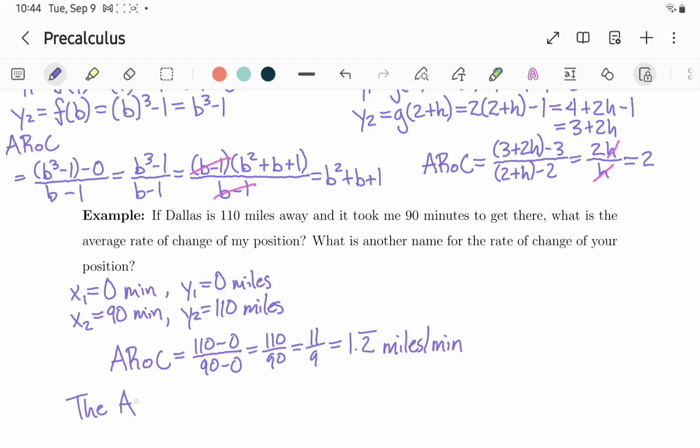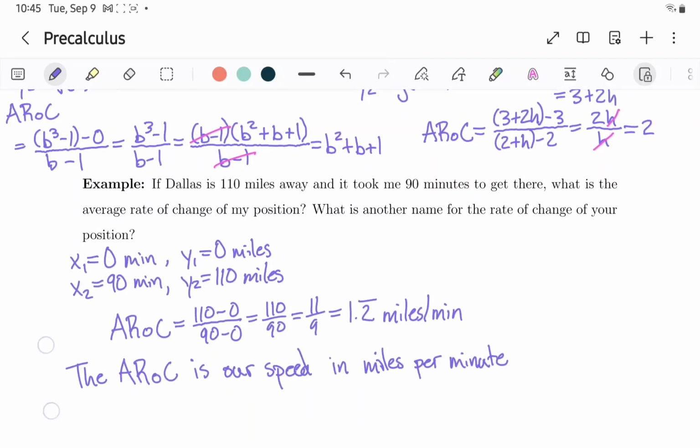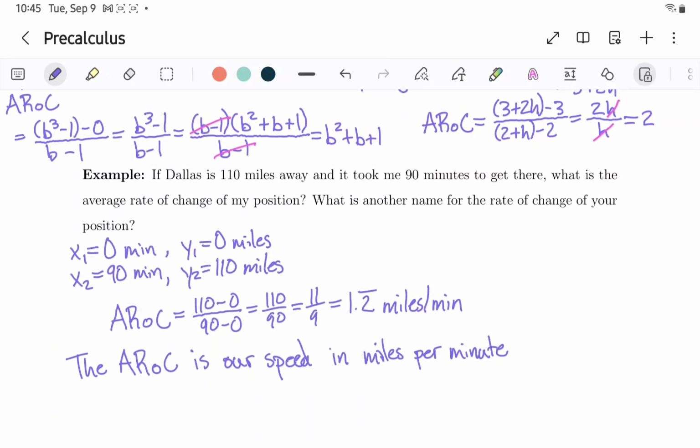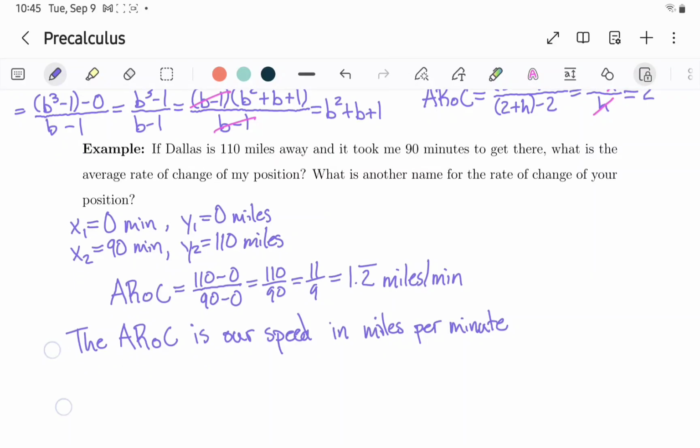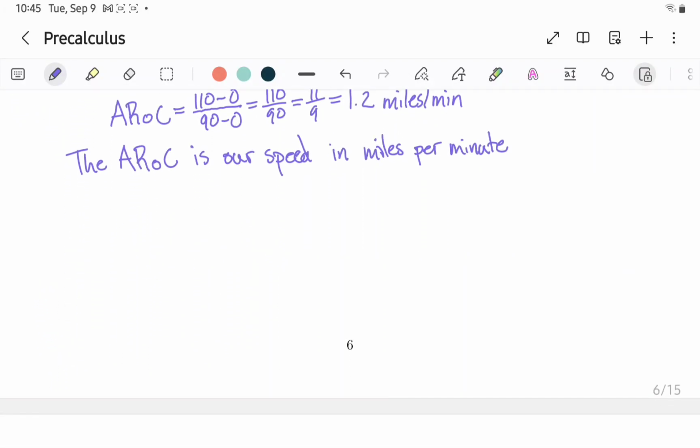So I'm going to say the average rate of change, still using our little abbreviation, is our speed in miles per minute.